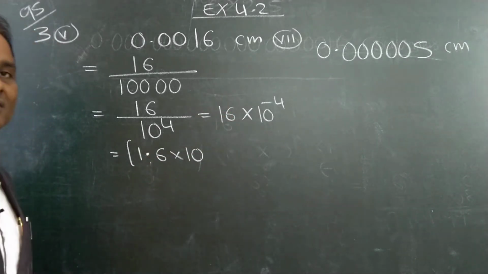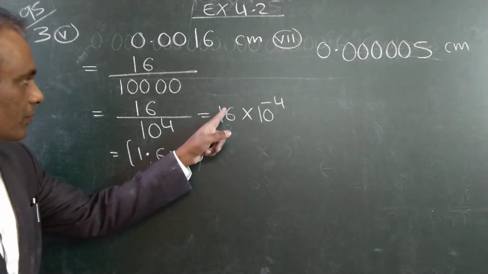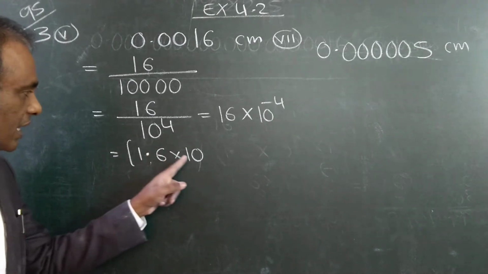After decimal, one digit. If I am forcefully keeping the decimal here, before one digit, I have to write 10.